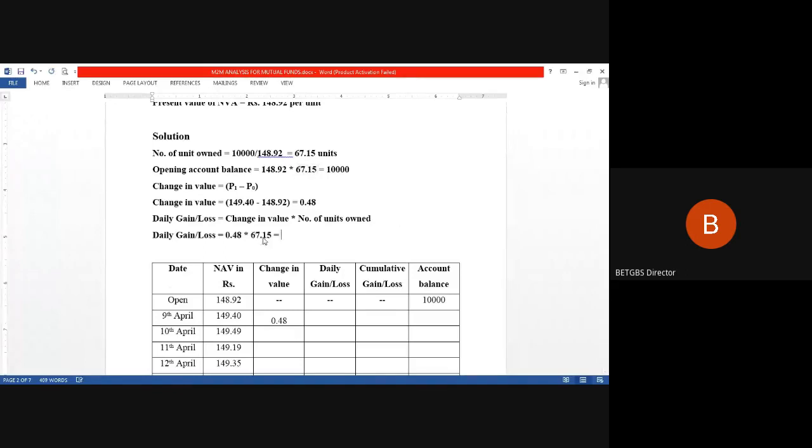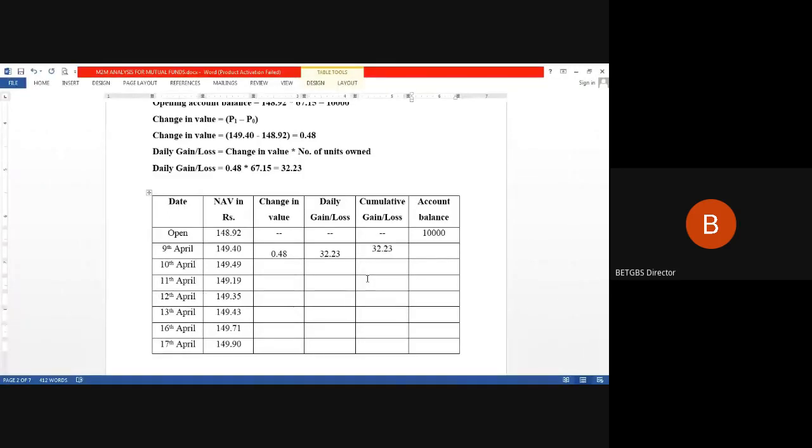If you take the product of it, it is 32.23. I'll make it simple, I'll have only two decimals. So this is the daily gain for the 9th April. We don't have anything previously, so the cumulative gain will be the same, 32.23. Your daily gain is there, there is no loss. So your account balance will be 10,032.23 rupees. So this is on the 9th of April.